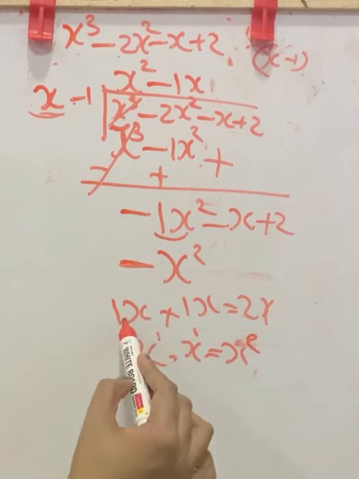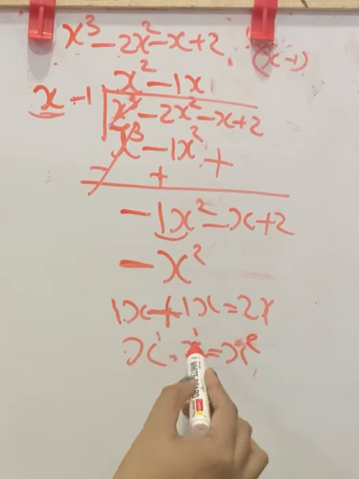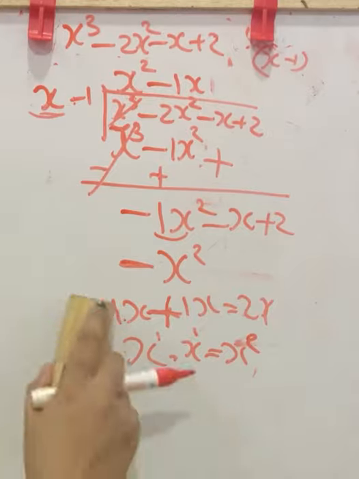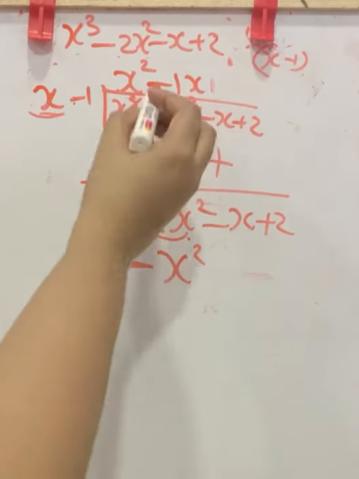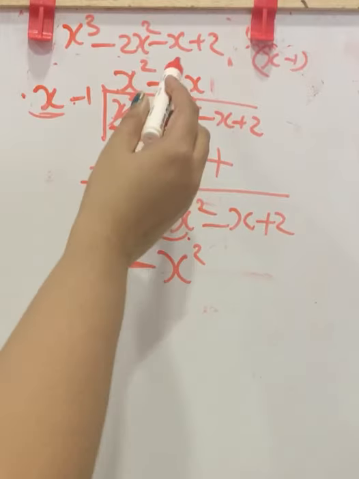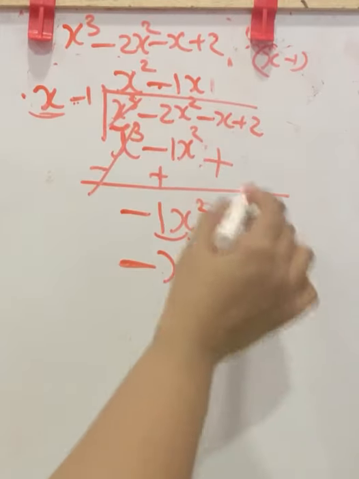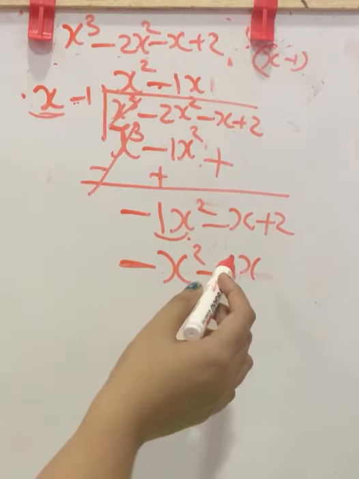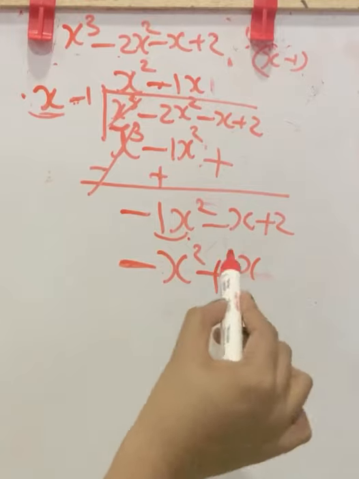Don't be confused. 1x plus 1x is 2x. And 1x into 1x is x square. Minus into plus is minus. Now minus 1x into minus 1 is minus 1x. Any number multiplied with 1 is that number itself. Here it is minus into minus, plus.